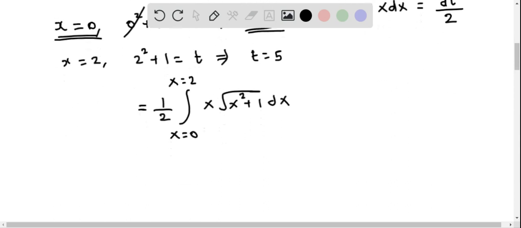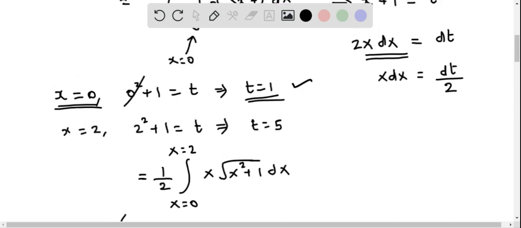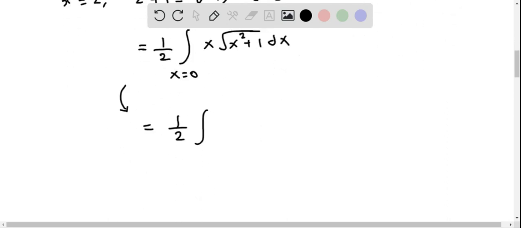So when we convert this into the t variable, this 1 by 2 will remain as it is, and the limits of x become limits of t, that is t equal to 1 to t equal to 5. So I put 1 in the lower limit and 5 in the upper limit.